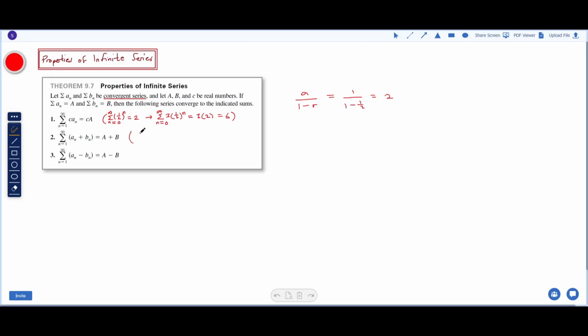So as an example of this, if you have the sum from n equals 1, or it doesn't have to start at 1, it could start wherever you like, but the sum from n equals 1 to infinity of a sub n plus b sub n can be written as the sum from n equals 1 to infinity of a sub n plus the sum from n equals 1 to infinity of b sub n, which is equal to A plus B.